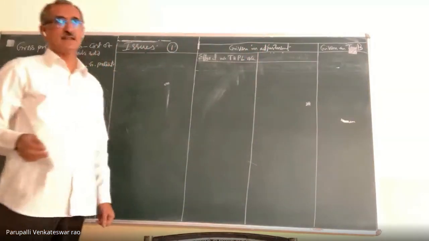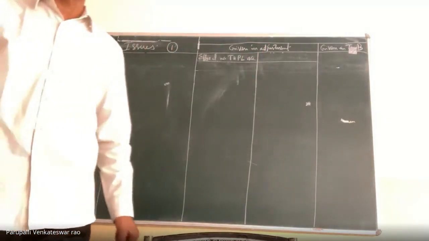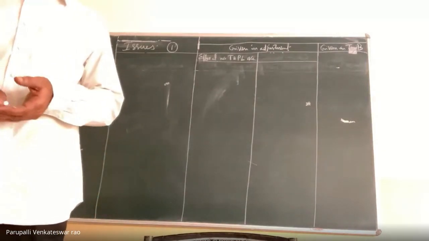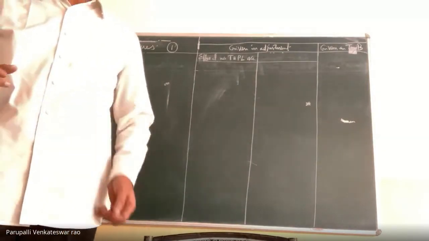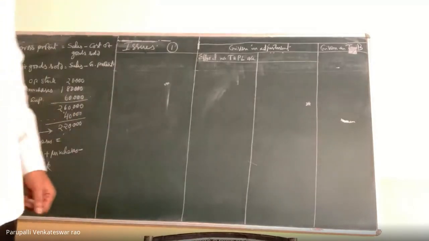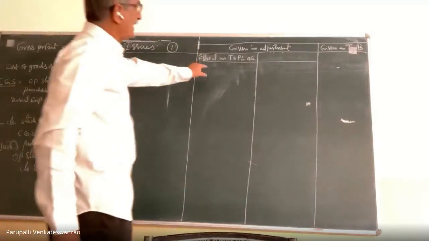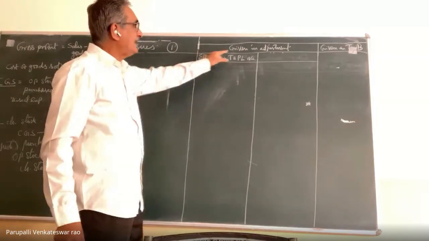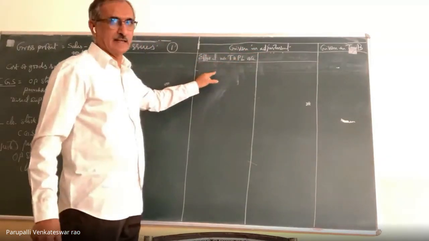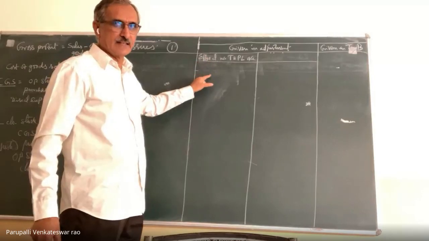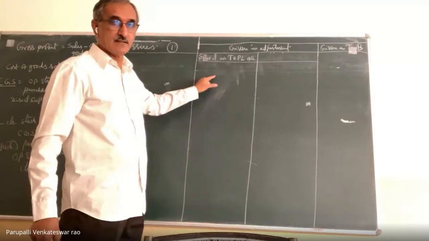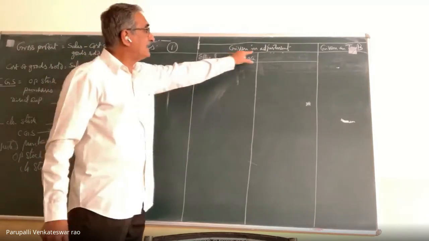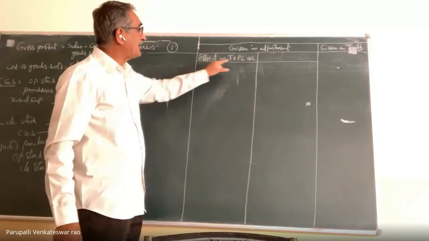How does it affect the trading account or profit and loss account? If an item is given in adjustments, two effects will be there: one is debit effect, the other is credit effect.